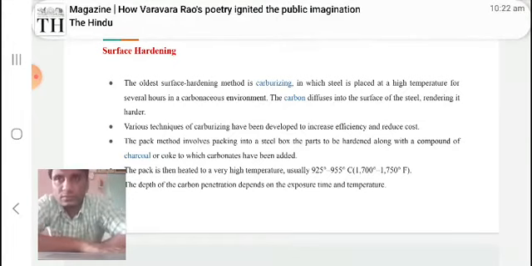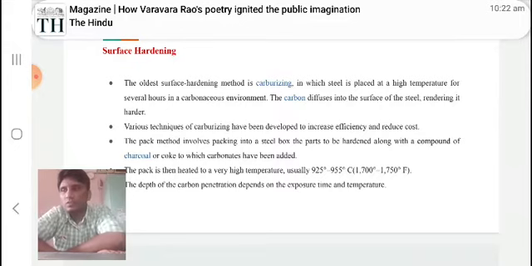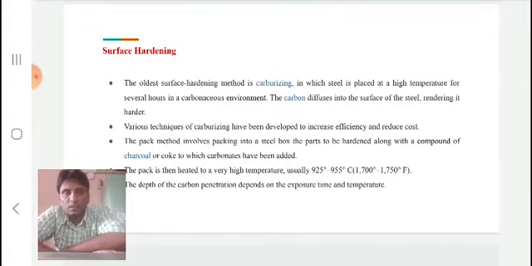This method involves a steel box filled with charcoal or coal or coke, and the steel components which are to be surface hardened are kept in this medium, and then heated up to a temperature range of 925 to 950 degrees centigrade, which is above the A3 line or ACM line, and then held at that temperature for a sufficiently long time, and then cooled.